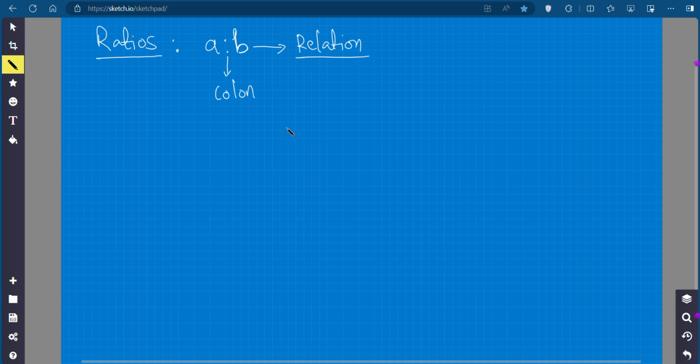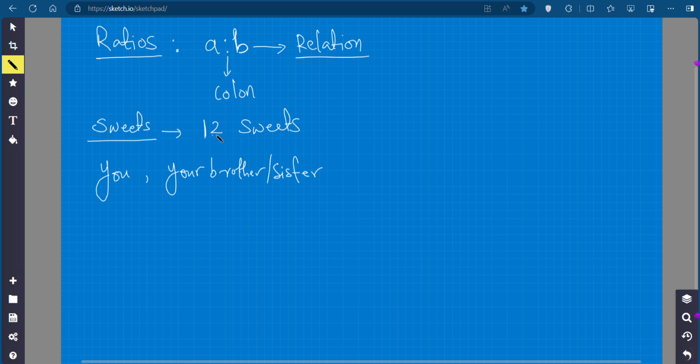Now what does it mean? Let's see with an example of sweets. Your parents give you 12 sweets. Imagine you have a sibling, your brother or sister, to share these sweets with. This is you, and this is your brother or sister.